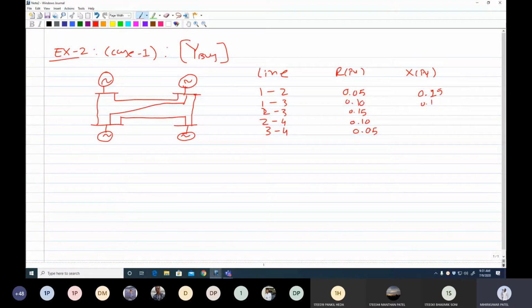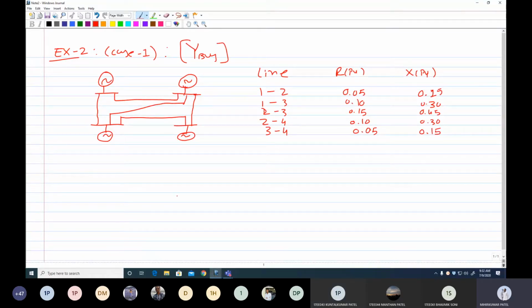The reactance values are 0.15, 0.30, 0.45, 0.15.